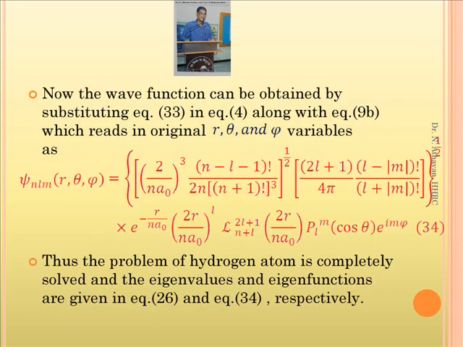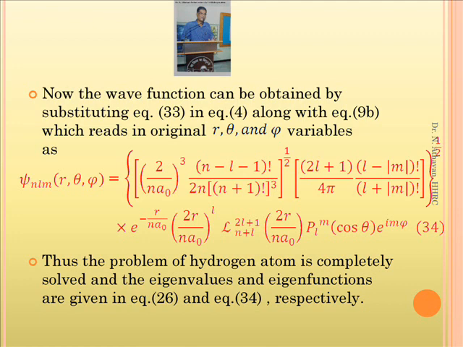Now the wave function can be obtained by substituting equation 33 in equation 4 along with equation 9b, which reads in the original r, theta and phi variables as the form given in equation 34. Combining the r, theta and phi solutions, we write the final form of the wave function as psi nlm of r theta phi.